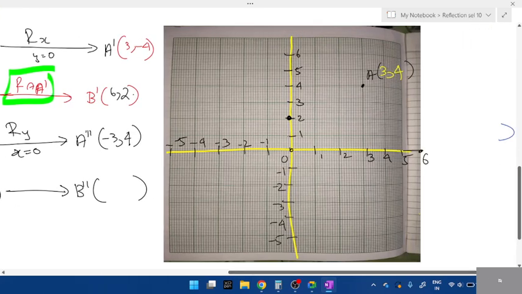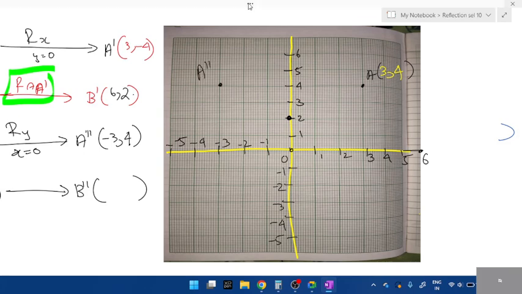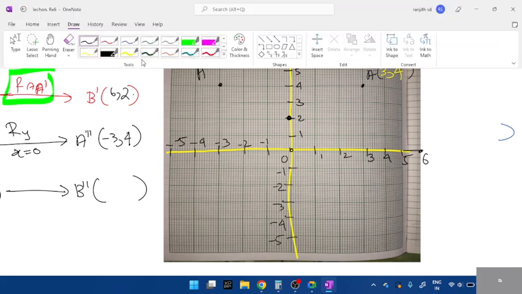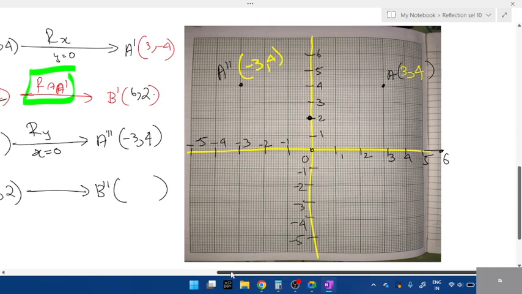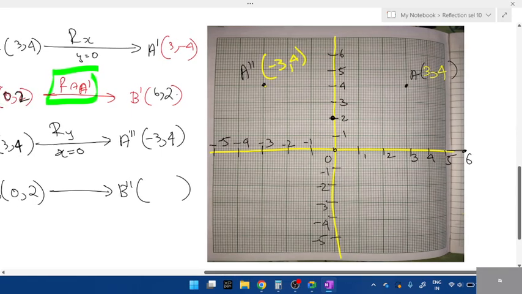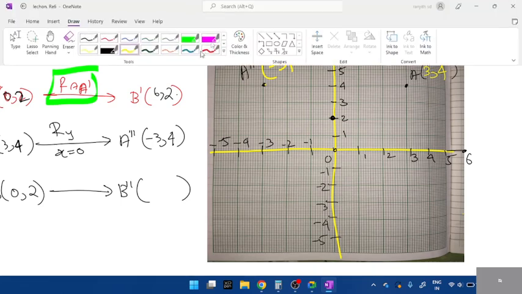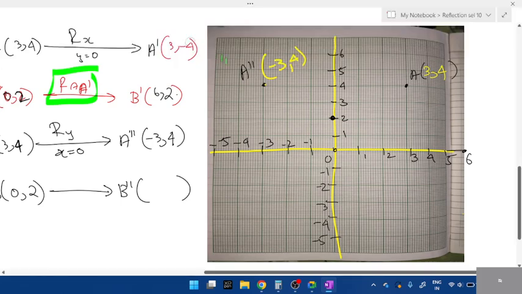Let me plot minus 3 comma 4 here. This is the A double dash answer. Okay. So just join this, so this is the actual mirror for us now. This is the mirror line.